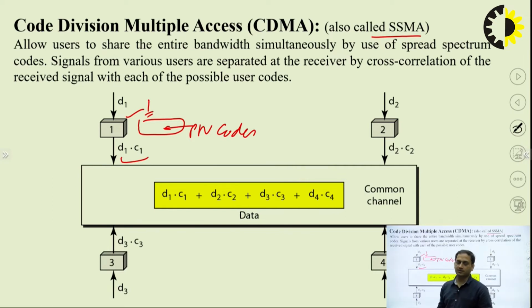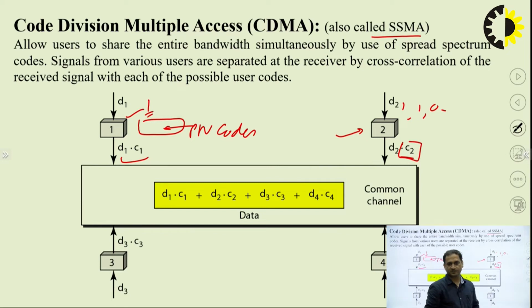Similarly, user 2 will use the second sequence of pseudo codes, by which every bit, maybe 1, 1, 0 like that, will be multiplied with code 2, right?